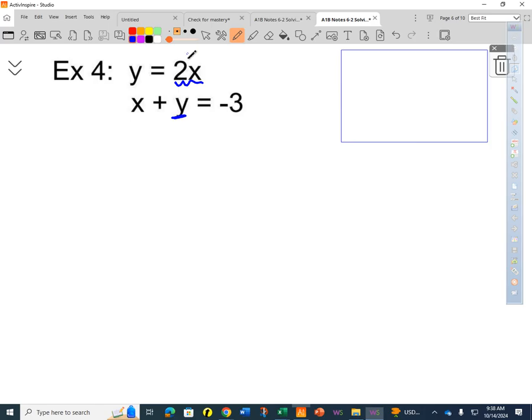Now instead of y, we're going to do x plus 2x equals -3. Now, I can't solve the equation x plus y equals -3, but I can solve the equation x plus 2x equals -3 because I only have one variable. So I'm going to add my like terms here and solve for x.